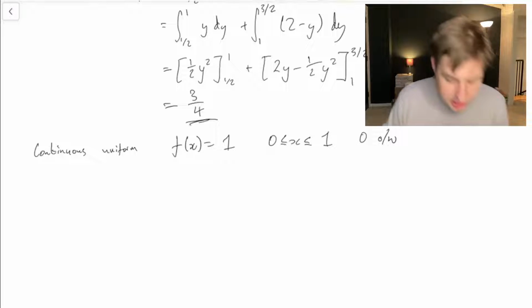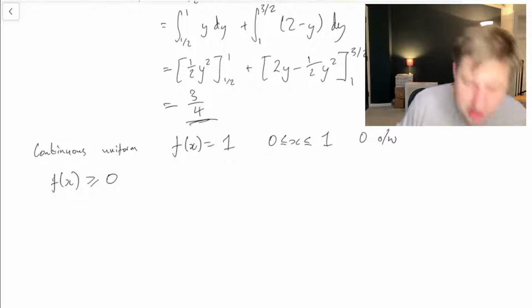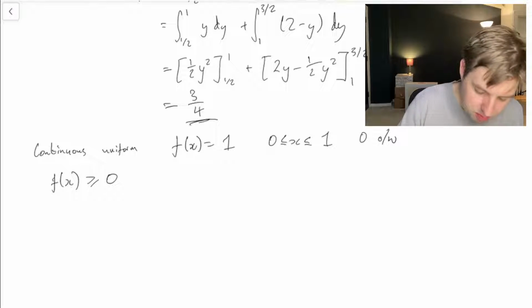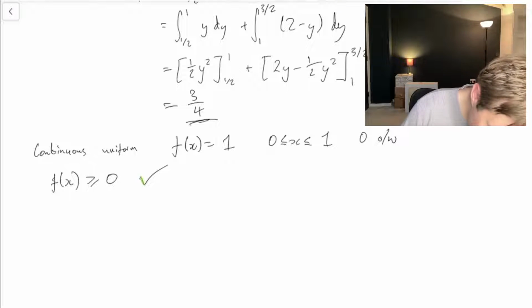Is it true that f of x is greater than or equal to 0 everywhere? Yes, it is. It's either 1 or 0. Either way, that's fine. So, tick for that property.